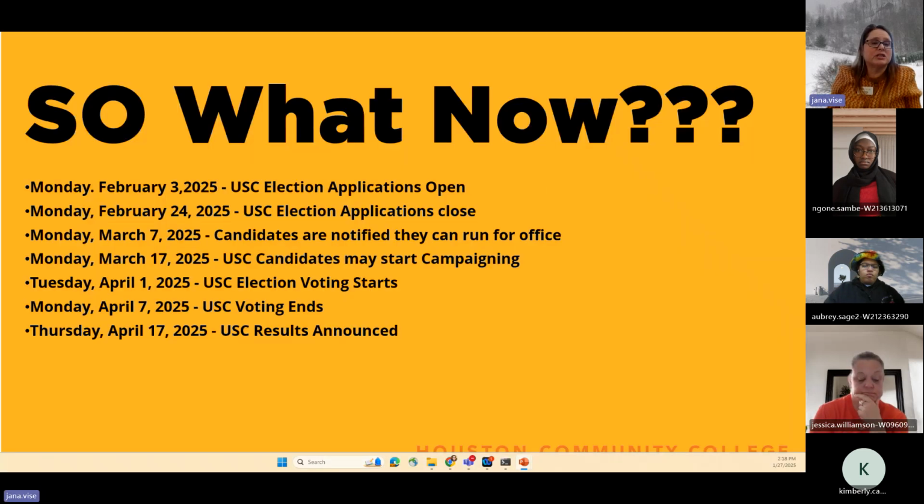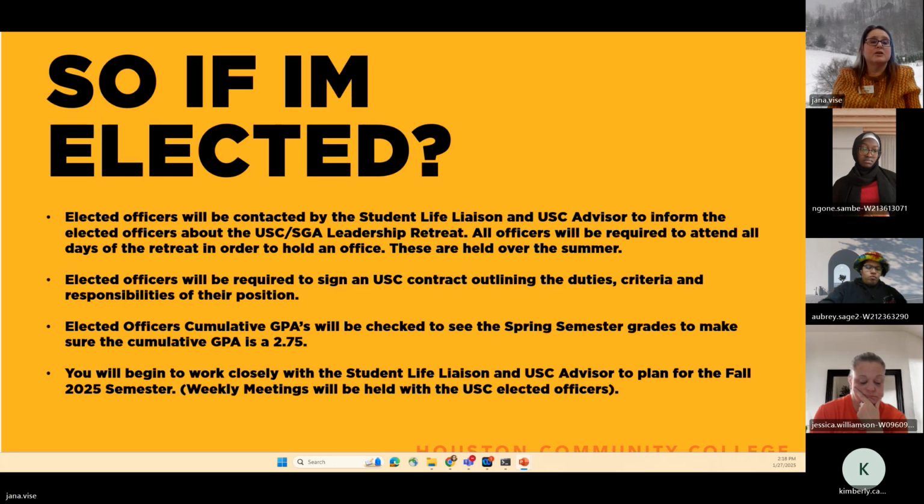So the elections timeline is the same. It's the same form. You just have to fill out the form more than once: once for SGA, and then if you want to do USC, fill it out again for USC. So if you're elected, you will be contacted and given the same information as you would have for the Student Government Association.